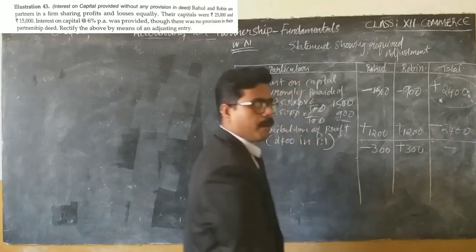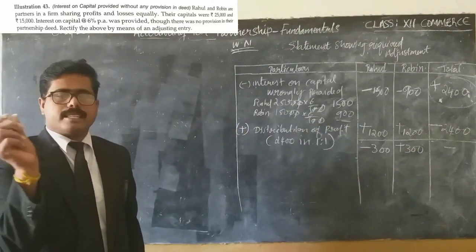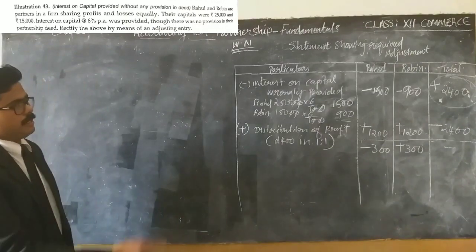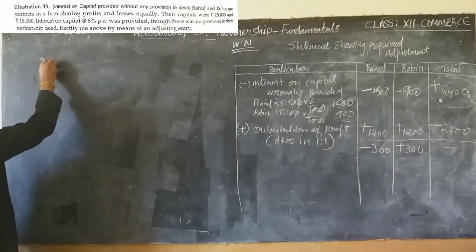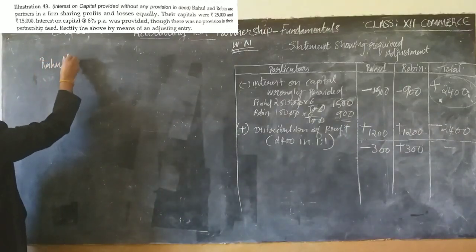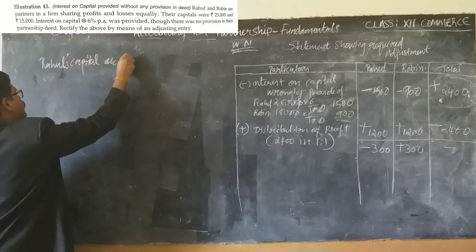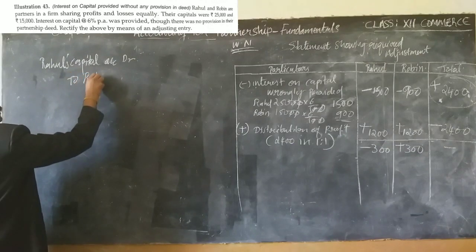So when we pass the journal entry, keep in mind always minus account to plus account. Who is minus here? Rahul. So Rahul's capital account to Robin's capital account.